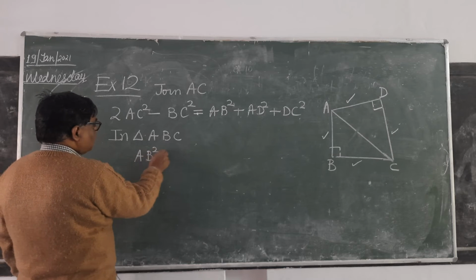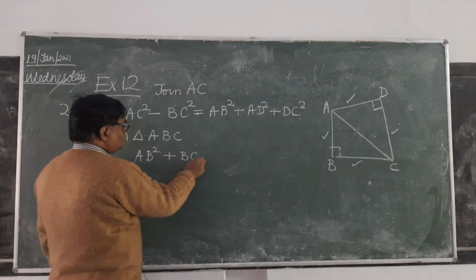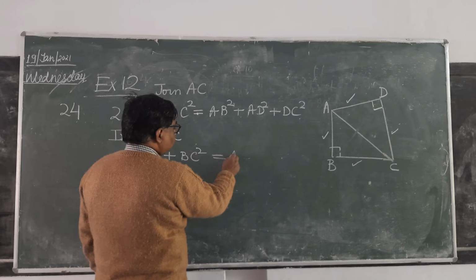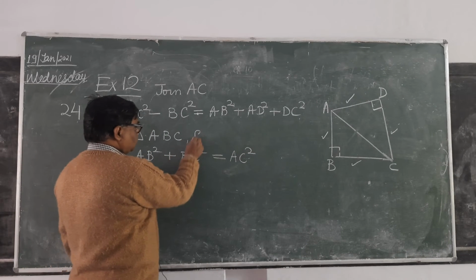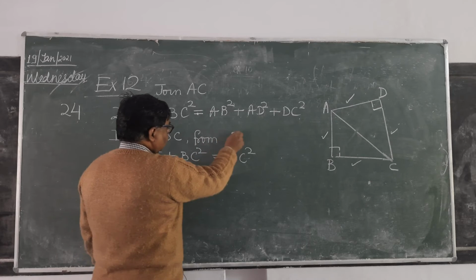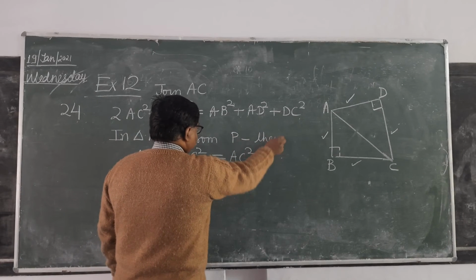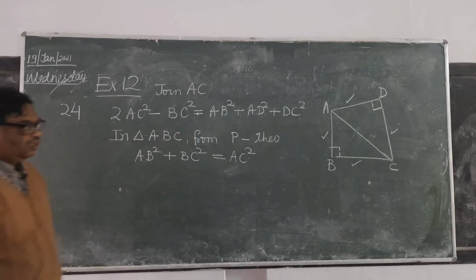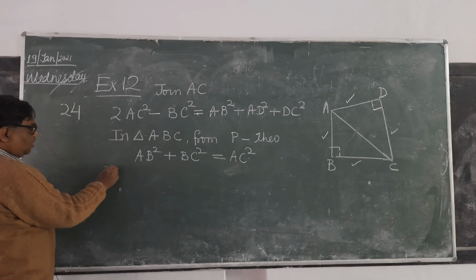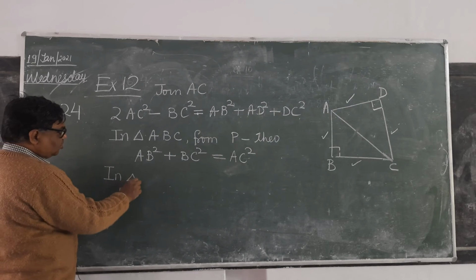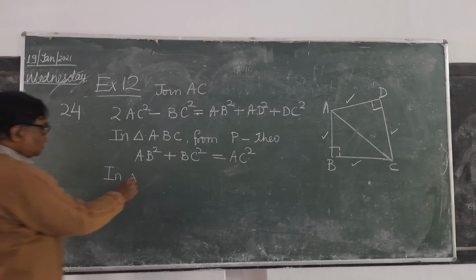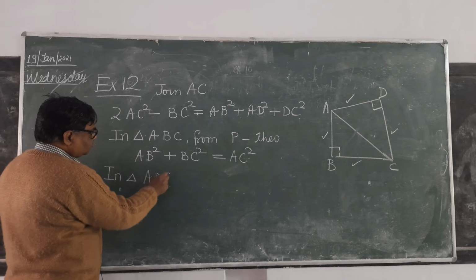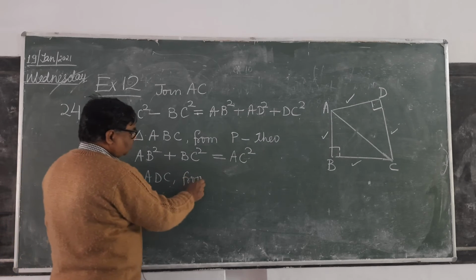AB square plus BC square equals AC square from Pythagoras theorem. Now in triangle, which triangle? ABC or ADC? In triangle ADC, from Pythagoras theorem.